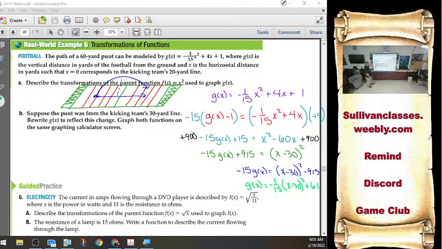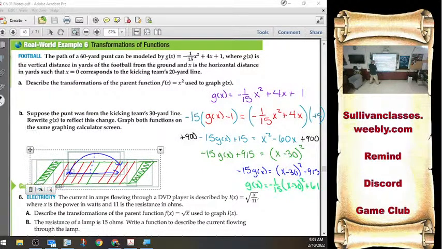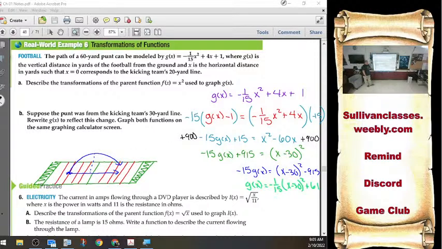Okay. So now that I'm there, I have my function in transformation form instead of standard form.